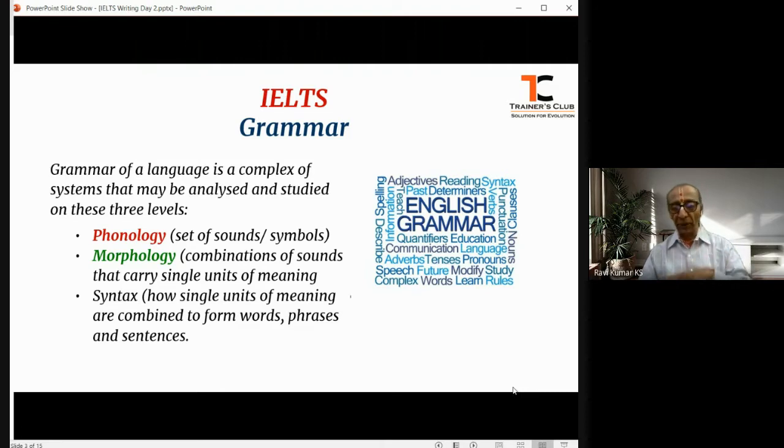Subject, verb, object format, or the other way around, the object, verb, subject format. It cannot be verb, object, subject. Then it becomes grammatically wrong.